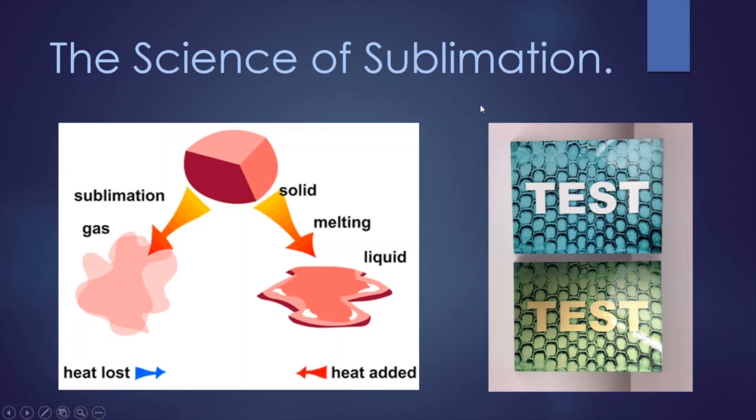Here I have two pieces of metal that I did just for this demonstration. Sublimation is often referred to as dye sublimation, so the inks are a dye. What that means is whatever the base color of your product is going to show through the metal. As you can see here, I have a white piece of metal and a gold piece of metal.